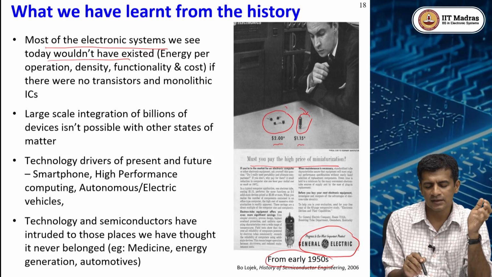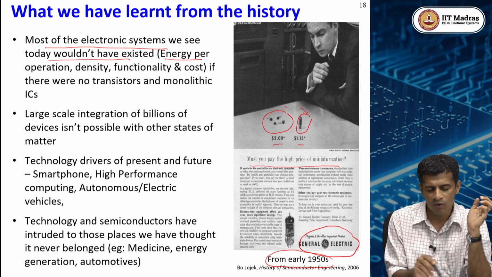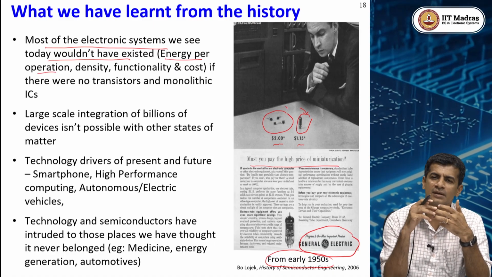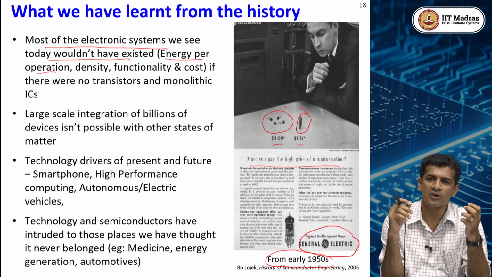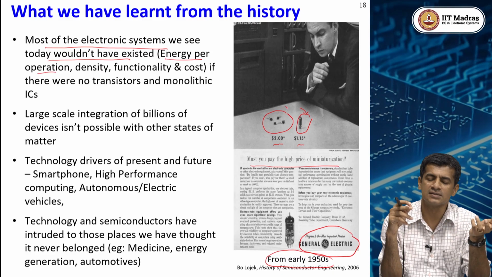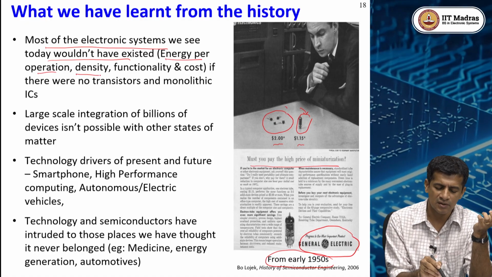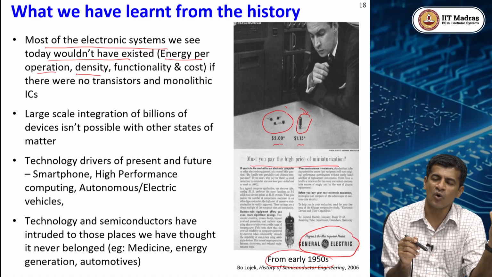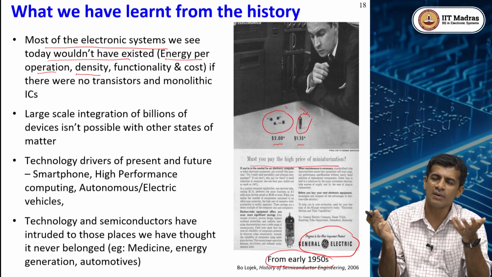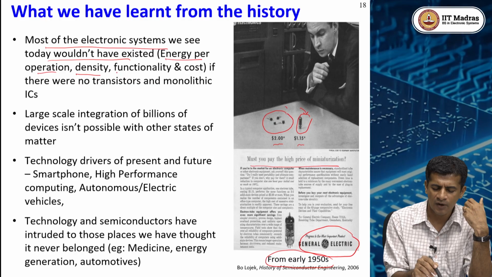If it had existed, consider the energy per operation: how much energy is used for one operation, for example a floating point operation? Or the density. We saw the core memory, a 4 KB memory, and now you have gigabytes and terabytes of memory. And what kind of functionality?